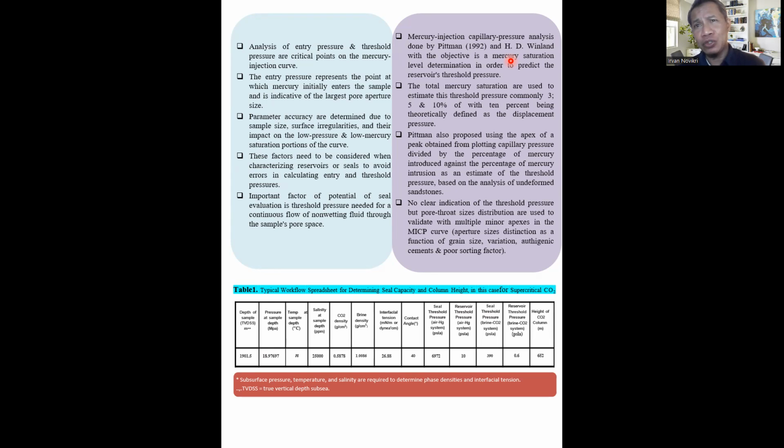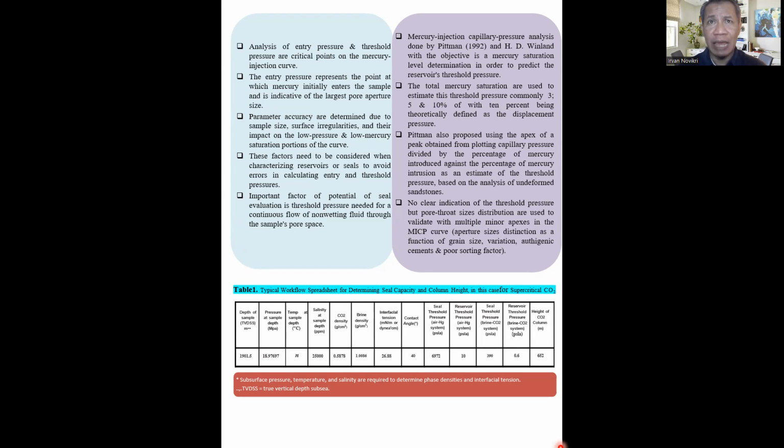Again, Pittman 1992 also suggests estimating the threshold pressure by identifying the apex of the peak obtained from plotting capillary pressure divided by percentage of mercury intruded. Again, the percentage of mercury intrusion is based on the analysis for sandstone.